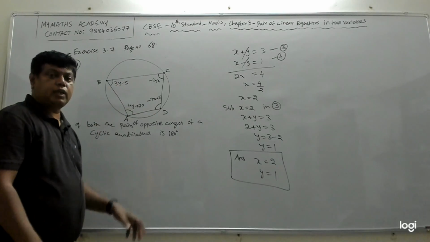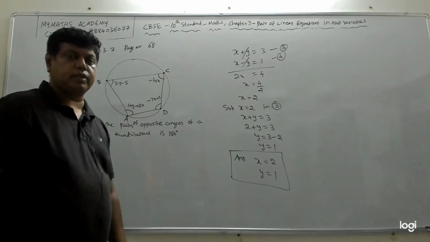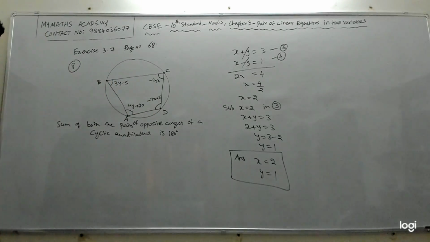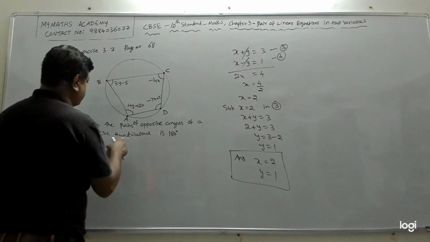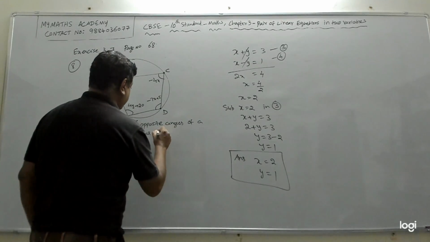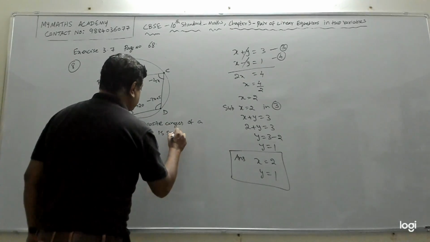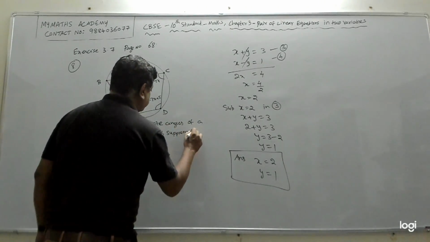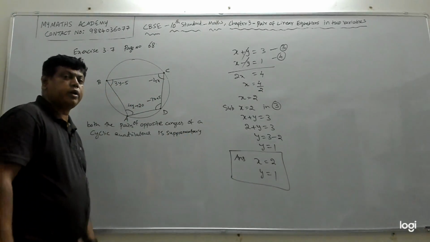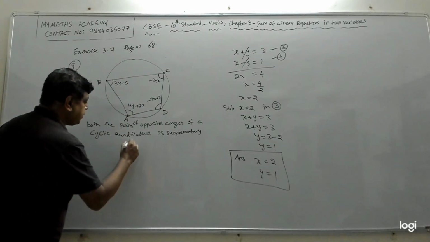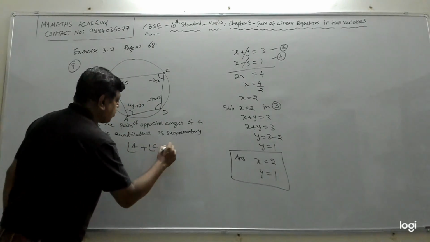We can even write it like that: both the pairs of opposite angles of a cyclic quadrilateral are supplementary. Supplementary means 180 degrees. The sum of the two angles will be 180, which means angle A plus angle C is 180.